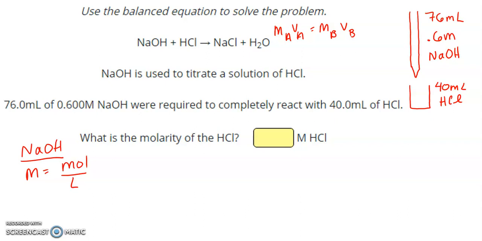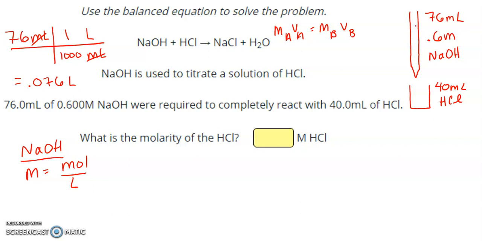So let's convert milliliters to liters. I'll do that up here. 76 milliliters. Drag down milliliters, go to liters. 1 liter has 1,000 milliliters. Cancel units that are on the top and the bottom. So I have 0.076 liters.